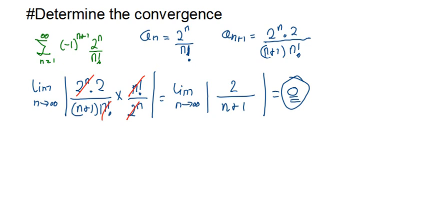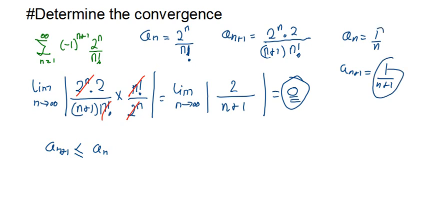All right, so now we don't yet make a conclusion from here. For us to conclude that this converges, we have to ensure that our a sub n plus 1 is less than or equal to our a sub n. For example, if our a sub n was equal to 1 over n, then our a sub n plus 1 is 1 over n plus 1, which is less than that one there.